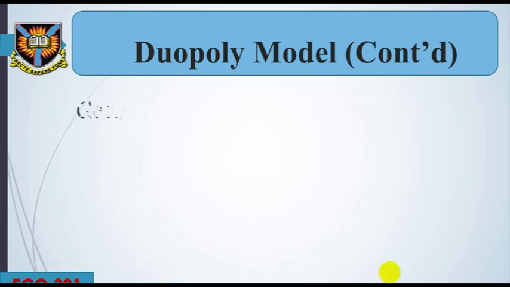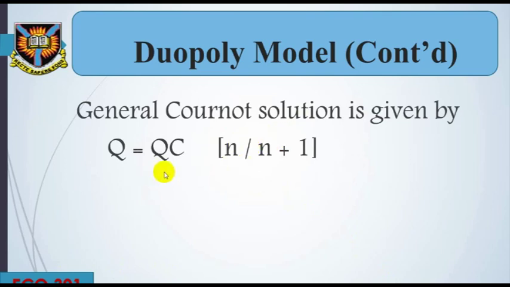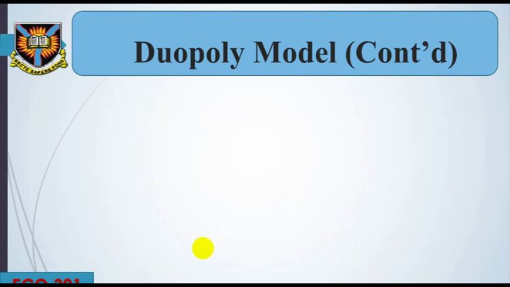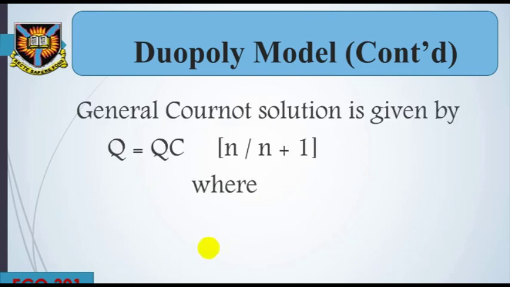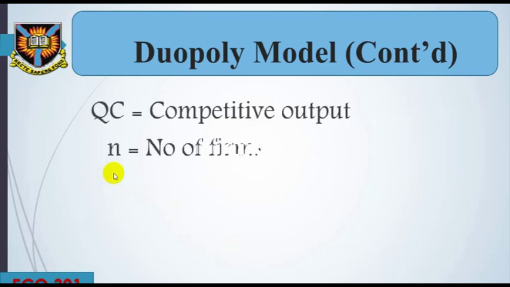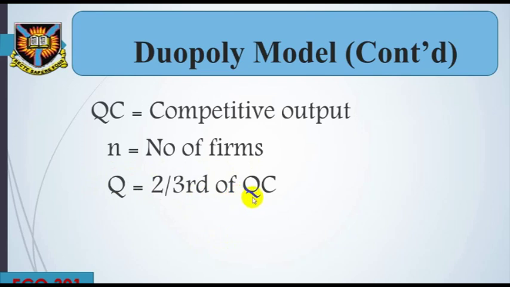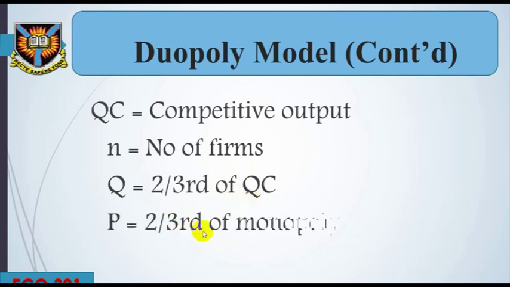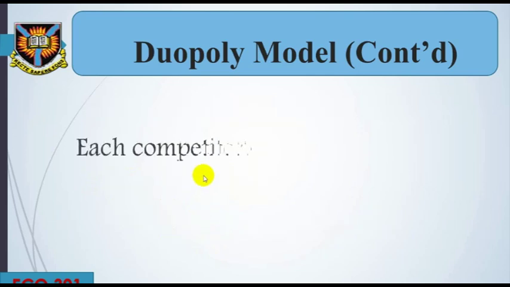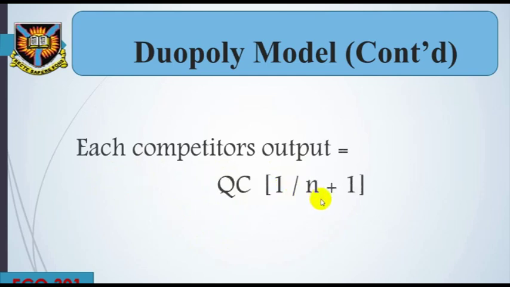The general Cournot solution is given by Q is equal to QC (N over N plus 1), where QC is competitive output and N is the number of firms. For two firms, Q is equal to 2/3 of QC, and P is equal to 2/3 of the monopoly price. Each competitor's output is equal to QC (1 over N plus 1).